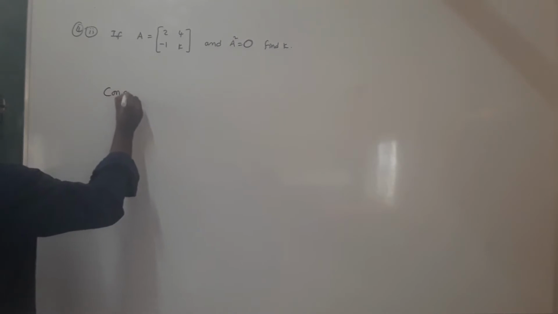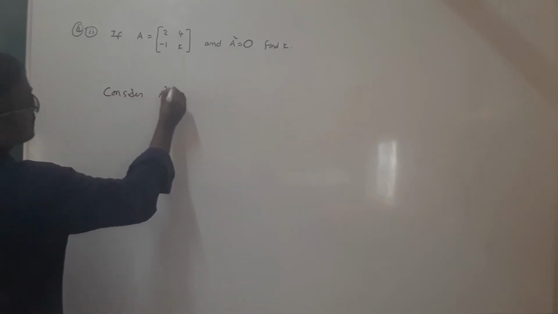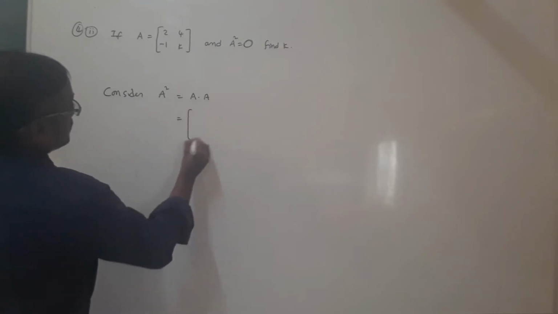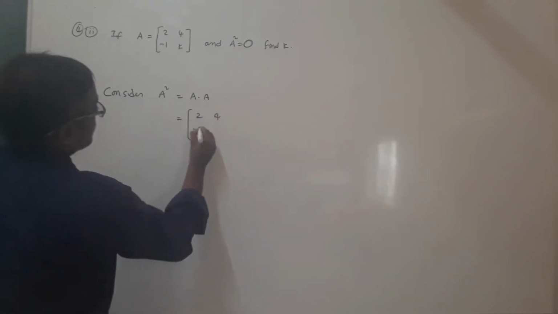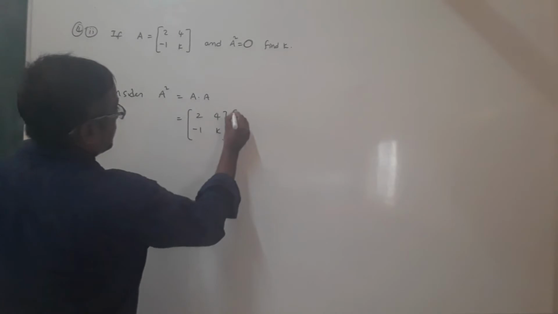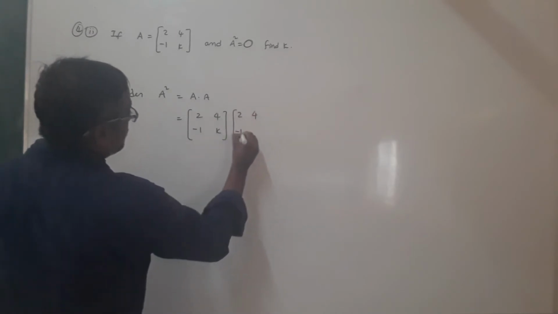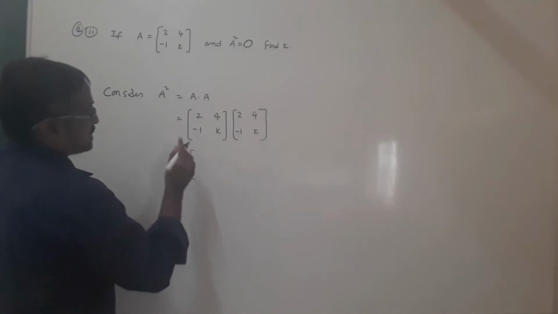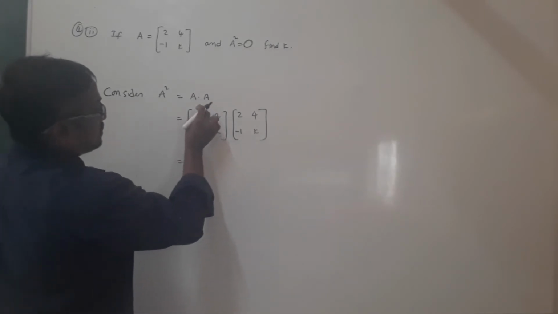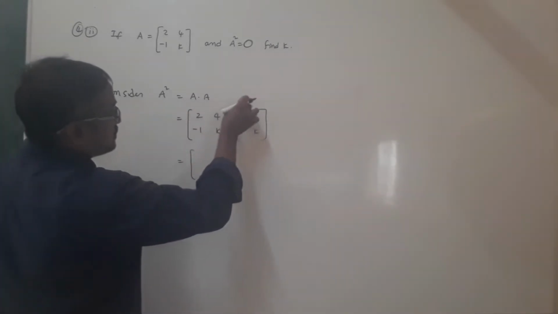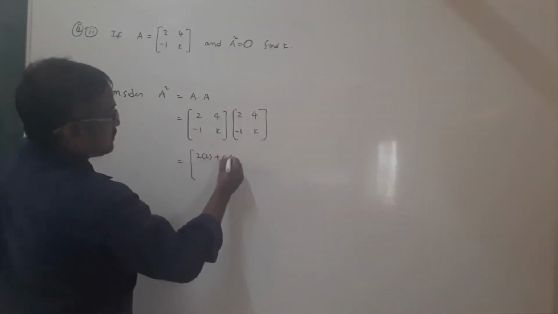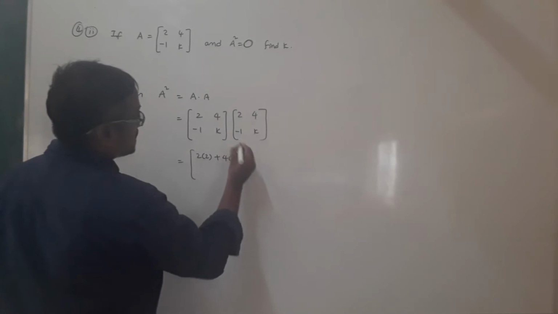Consider A square, that is A into A. Now A into A is [2 4; −1 k] into [2 4; −1 k]. Let us multiply these two matrices. You have to multiply the first row with the first column. So 2 into 2 plus 4 into minus 1.